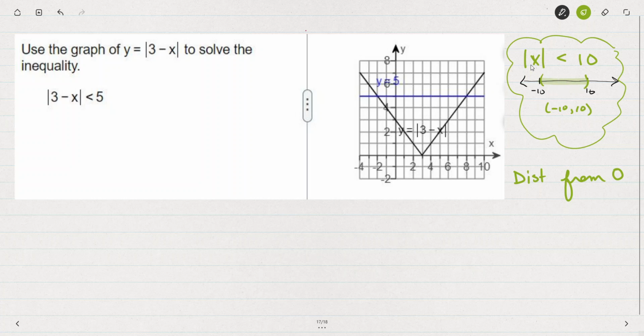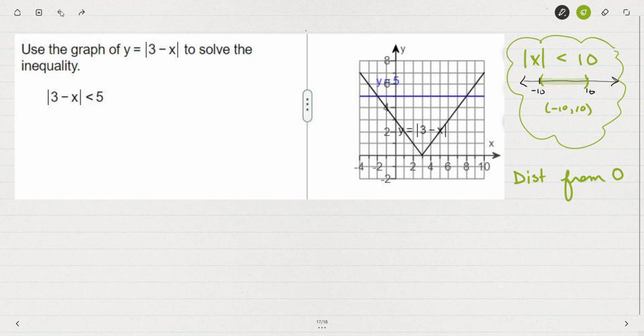We would say that the solution to the absolute value of x less than 10, all the x's who are less than 10 units from 0, would go from -10 exclusive up to 10 exclusive. Now I say exclusive because we're not including the -10 or the 10. If the inequality had an or equal to, we would change it to brackets.